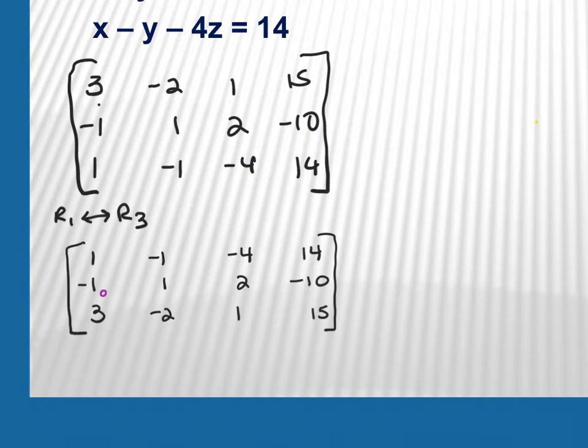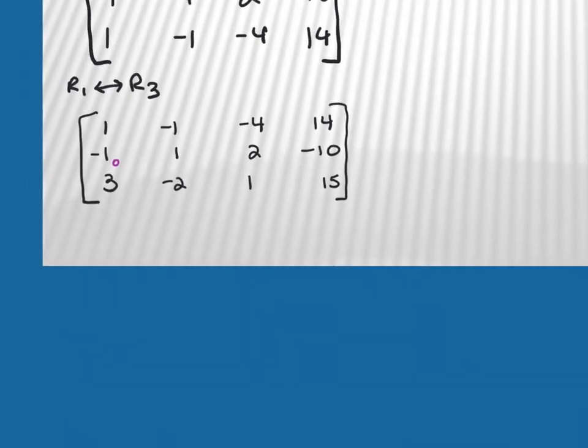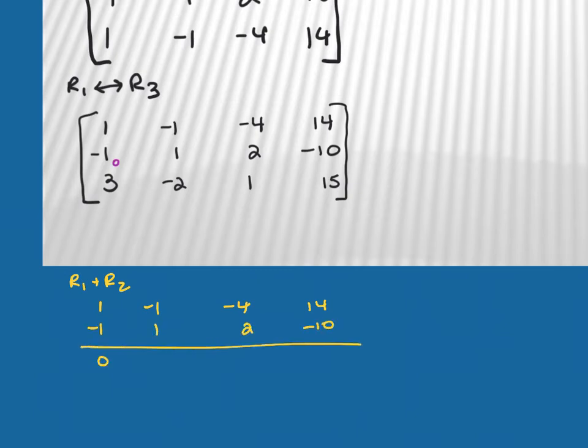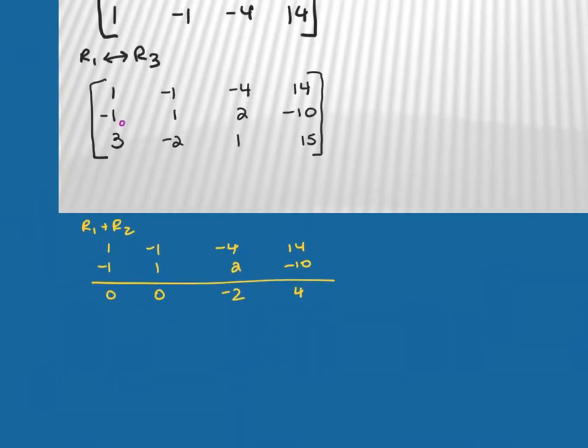How could I do that? Good. Row 1 plus row 2. And I can replace row 1 or row 2 with it, but row 1 was fine. So I'm going to replace row 2.